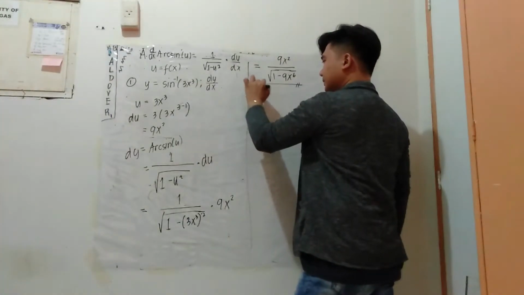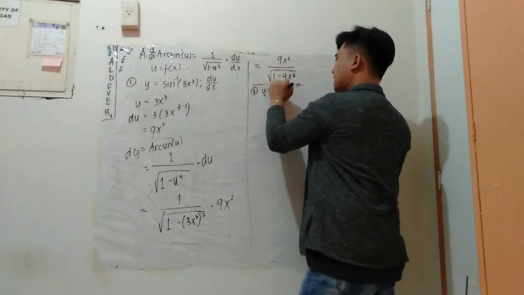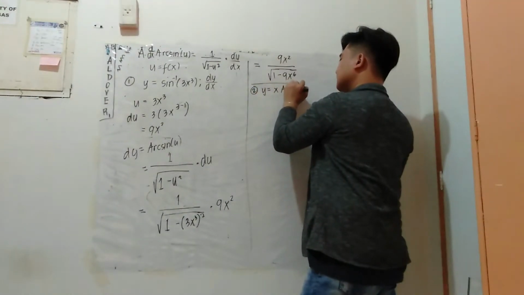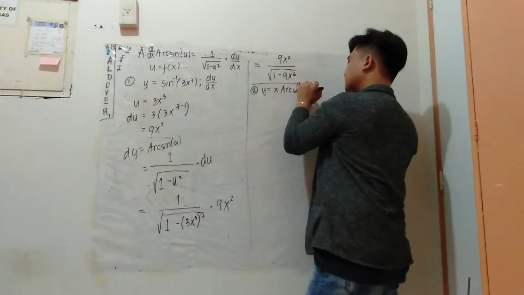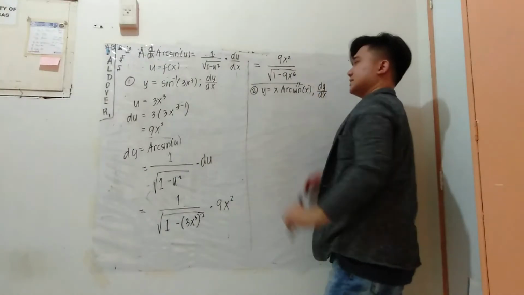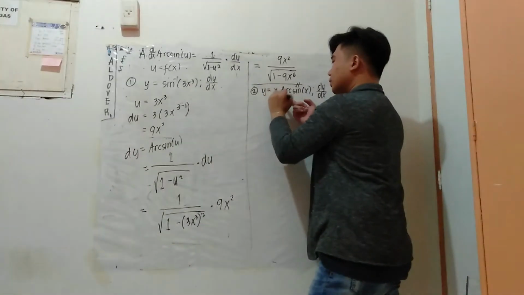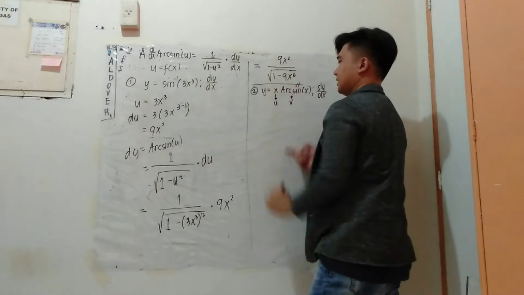Example number 2. If y is equals to x arcsine of x, find dy over dx. So as you can see, meron akong product. Merong u, merong v.